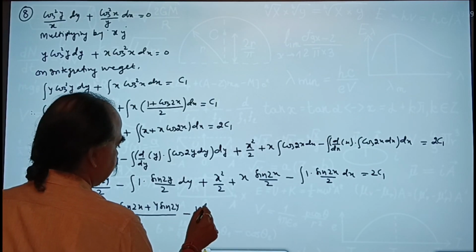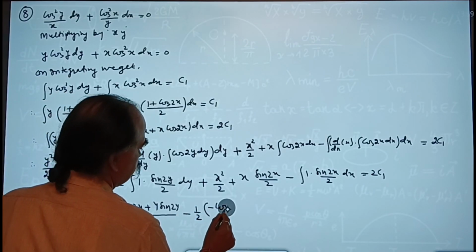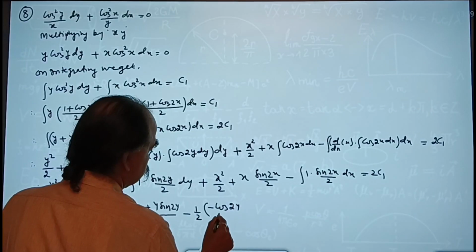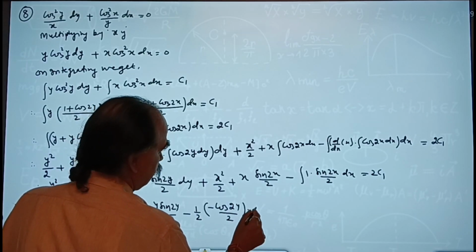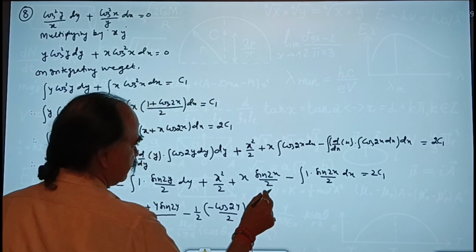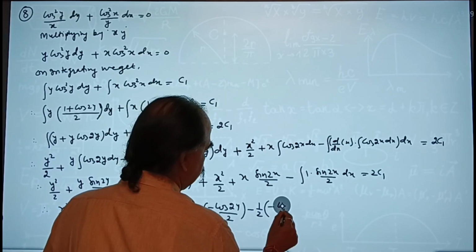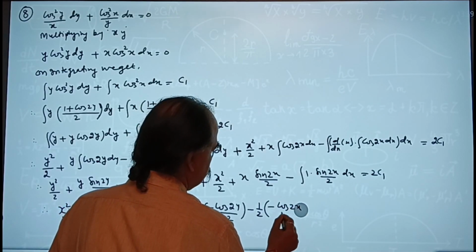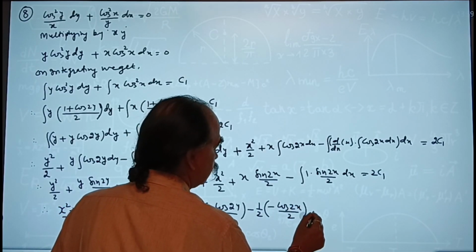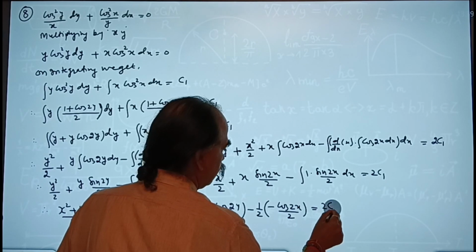Integral sin 2y is what? Minus cos 2y upon 2. Minus 1 by 2 outside, integral sin 2x is what? Minus cos 2x upon 2, equal to 2c1.